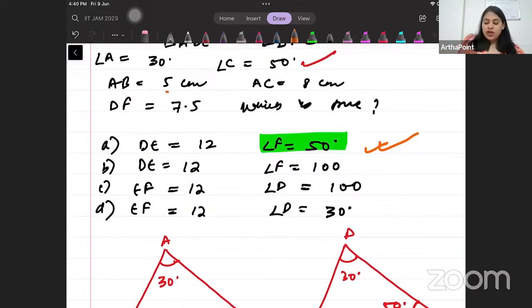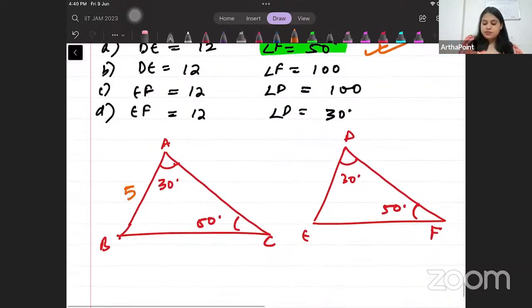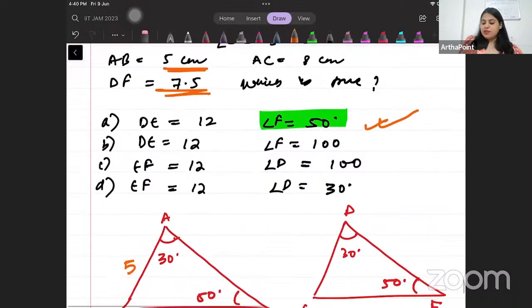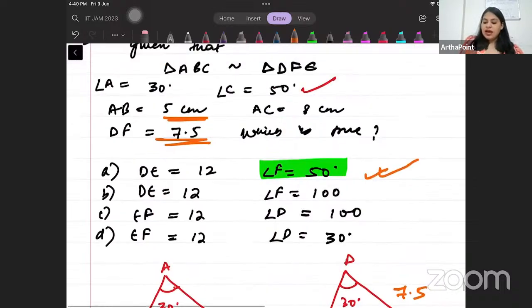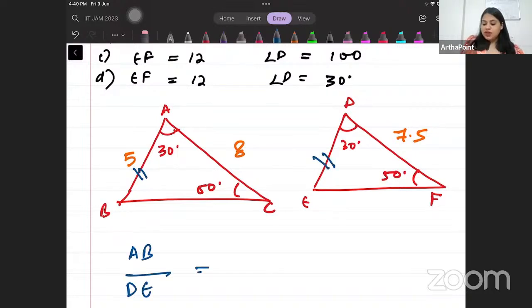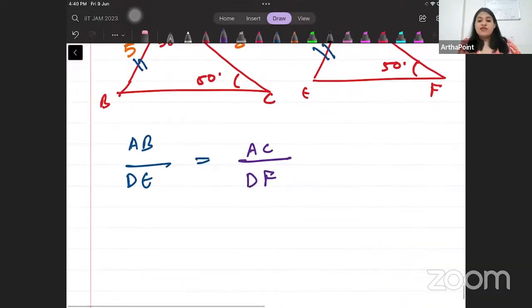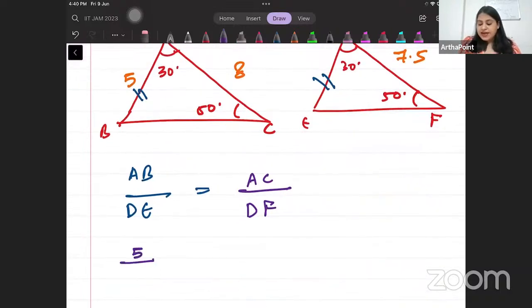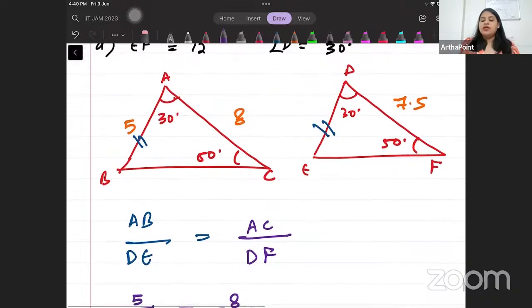DE ko bhi nikalte hain. So AB is 5 centimeter and DF is 7.5 centimeter and AC is 8 centimeter. So beta, we know that AB by DE should be equal to AC by DF because they are similar triangles. So sides have to be in the equal ratio. So AB by DE should be equal to AC by DF.